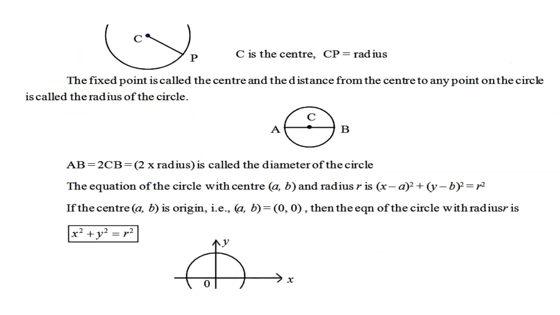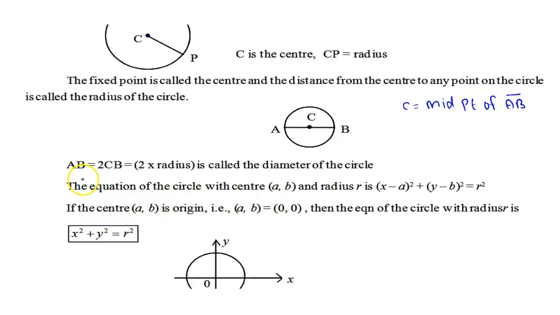So next, the circle figure is there like this, AB. In this, AB we can call the diameter of the circle, and C is the midpoint of the line segment AB bar.